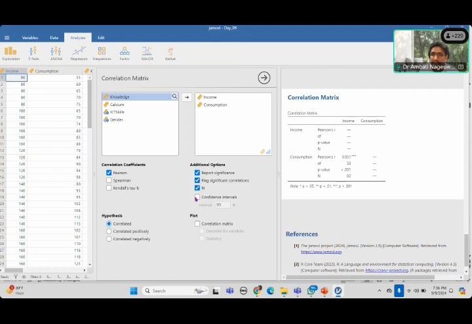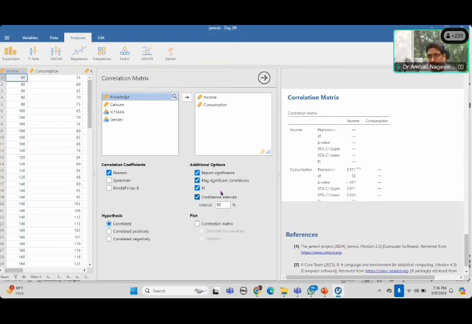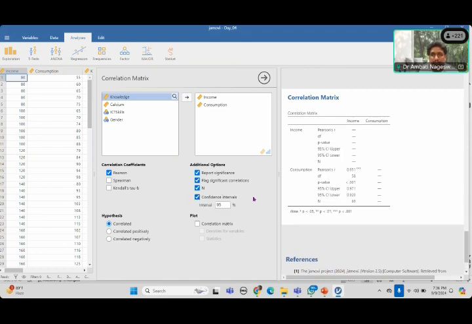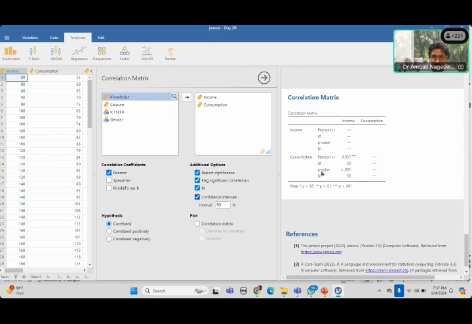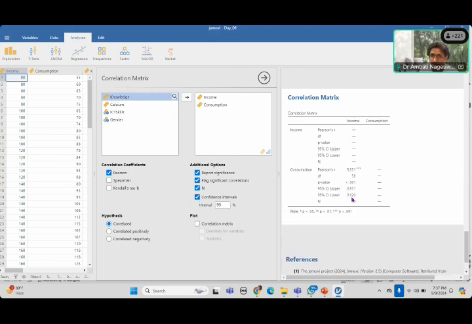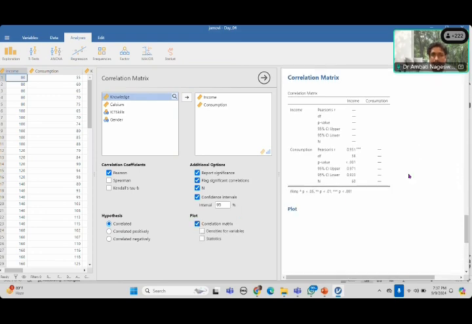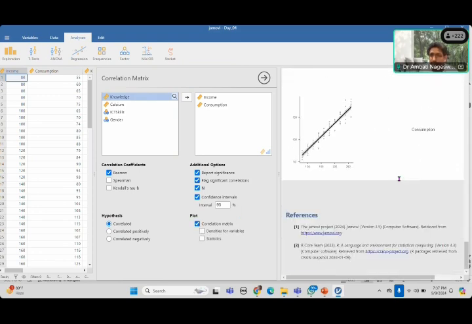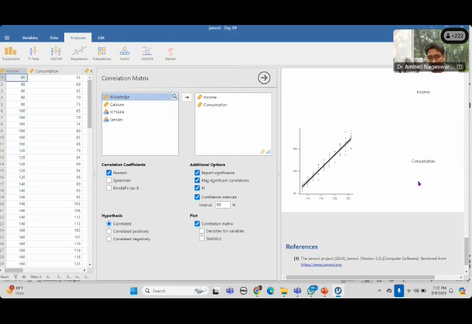I also wanted to see the confidence interval, lower level and upper level. As you can see here, we got the confidence interval. And I also wanted to present the correlation matrix plot. It's not required unless you want to fill the pages.